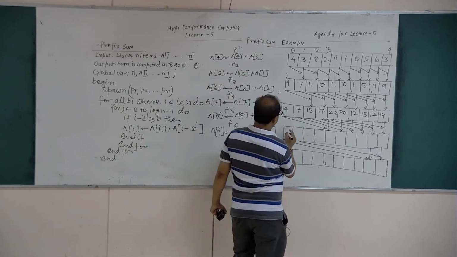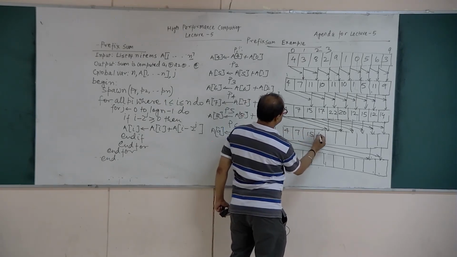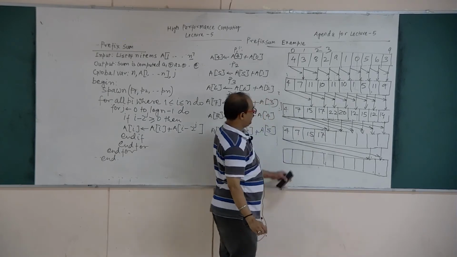So 4, these all numbers will be copied, same here, 14, 17, 14, 7, 15 and 17.